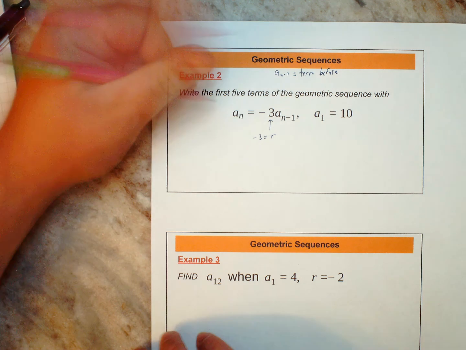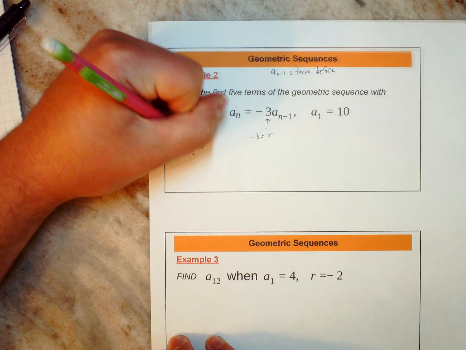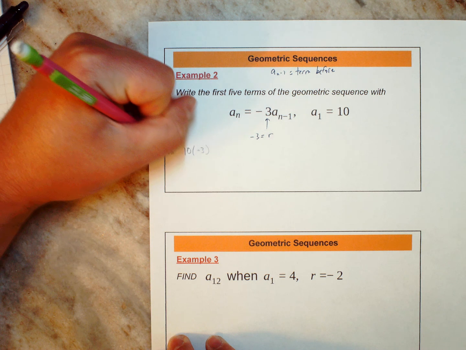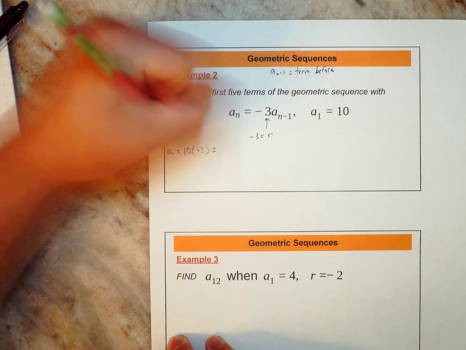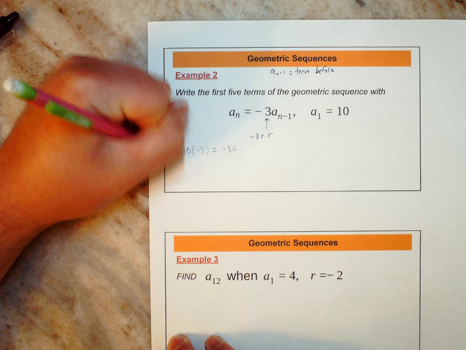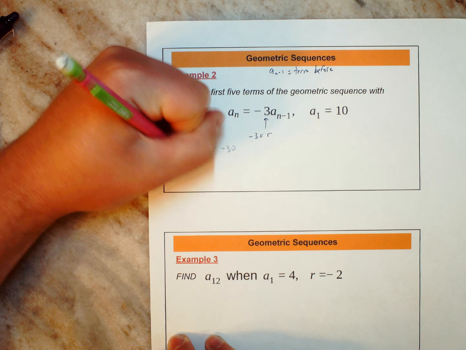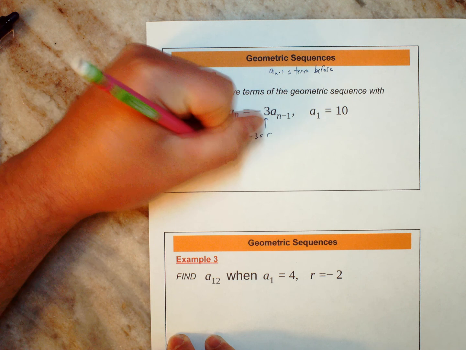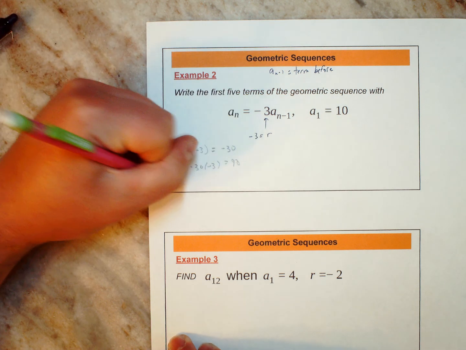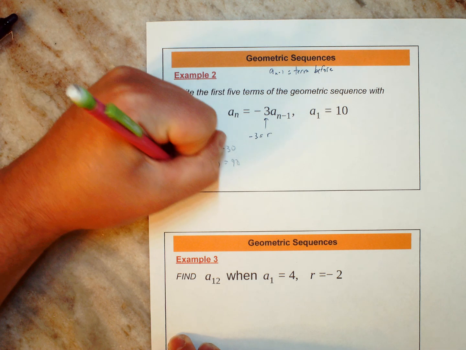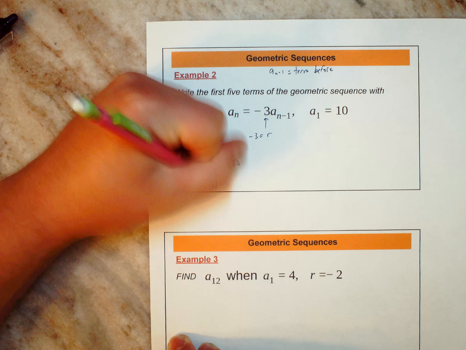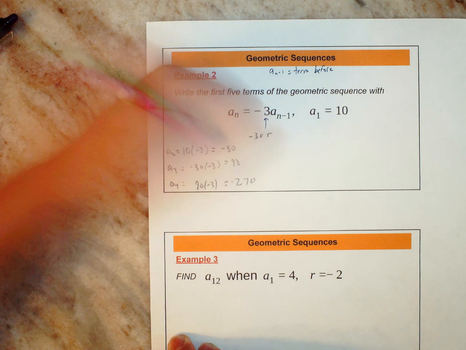I'm just going to take a1, which is 10, and multiply it by -3. Same thing. That gives -30. I'm sorry, that's a2. Then a3: negative 30 times negative 3 is 90. a4: 90 times negative 3 is negative 270.